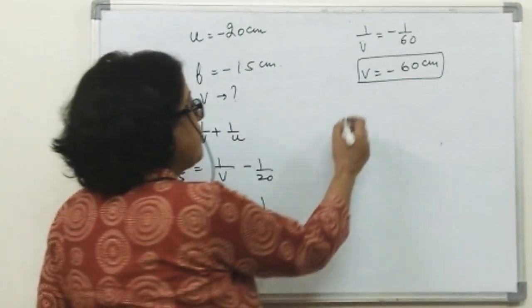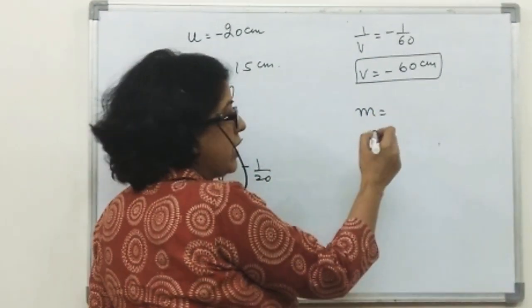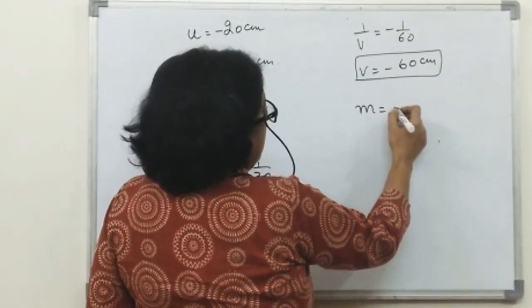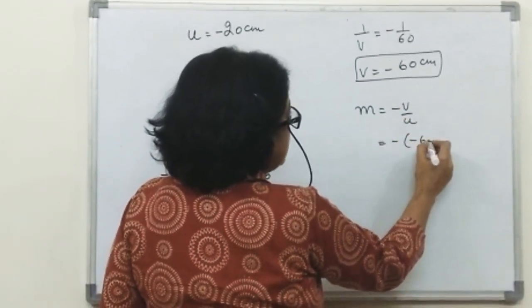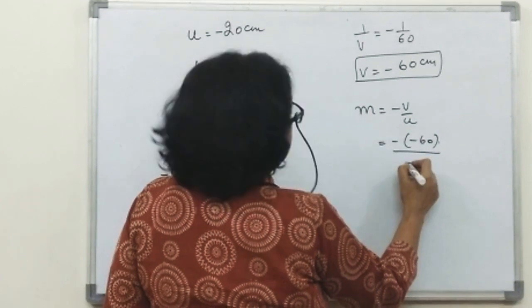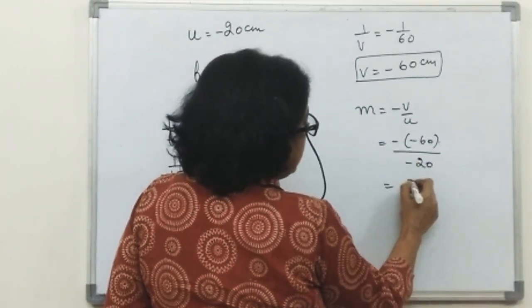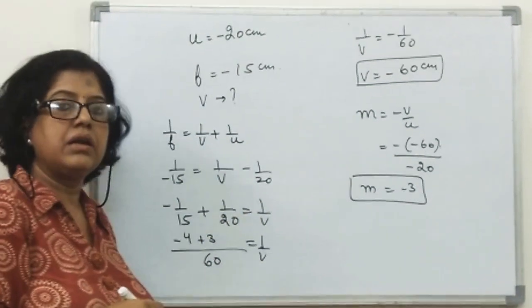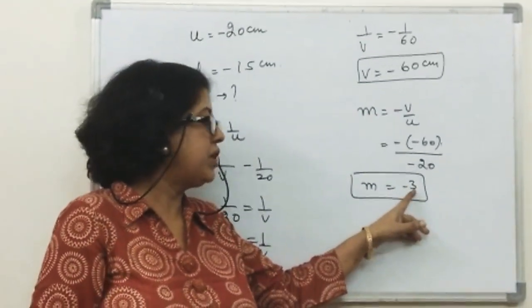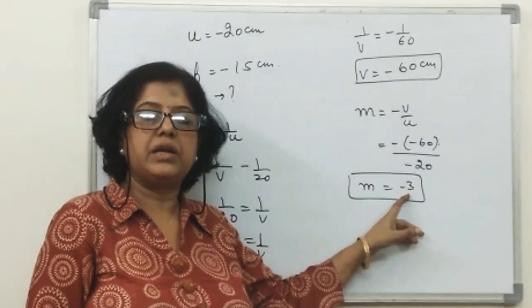You can also find the magnification from this. What will be the magnification of the image formed? m we know is minus v by u. It will be minus, v is minus 60 and u is minus 20, and that is minus 3. That means m is minus 3. Minus means real inverted and 3 means magnified. Real inverted magnified image.